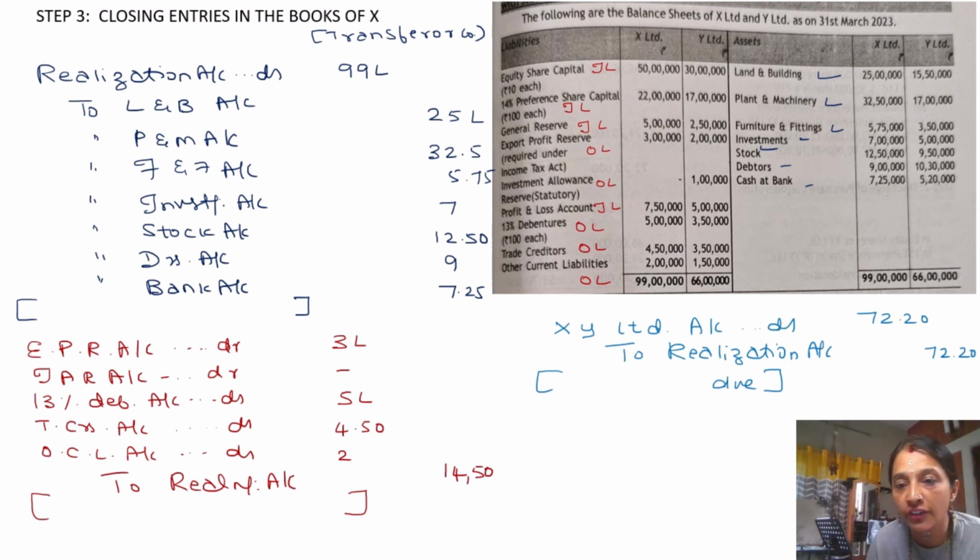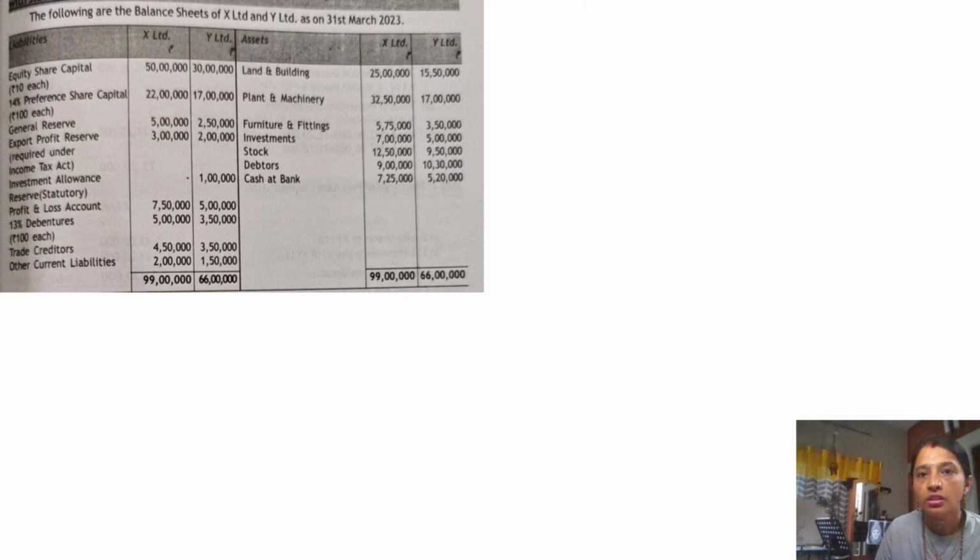So we will pass an entry for purchase consideration received. So the next entry will be for purchase consideration received. For purchase consideration received, the consideration will be received in the form of equity shares and preference shares in this problem. So the entry will be equity shares in XY Limited account debit. How many equity shares they had given? They had given equity shares of 48 lakhs.